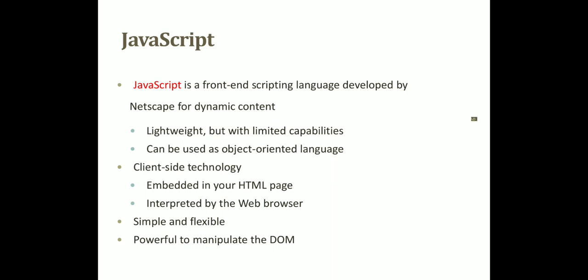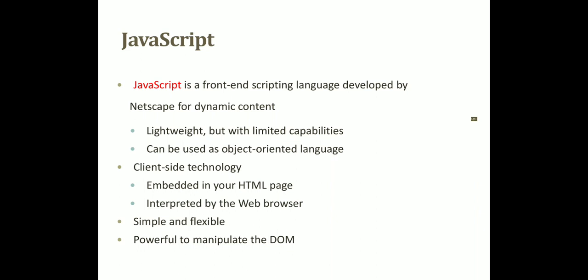As told, it is lightweight but with limited capabilities, and it can be used as an object-oriented language. It is a very efficient client-side technology. It can be embedded in your HTML page, and it can be interpreted by the web browser.